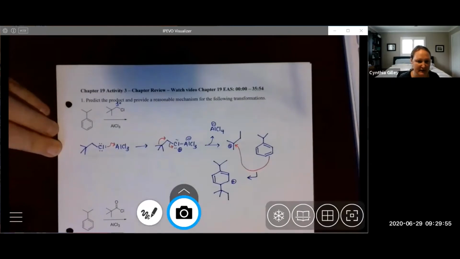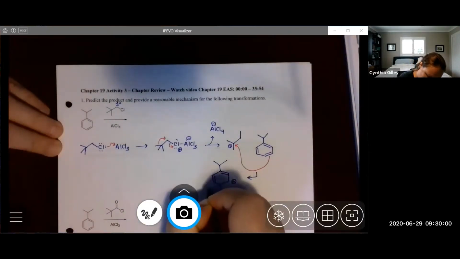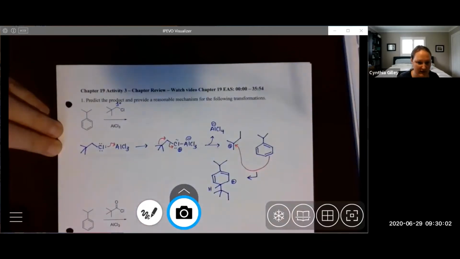That's going to give us this intermediate, which we need to do a final proton transfer to get the aromatic product.